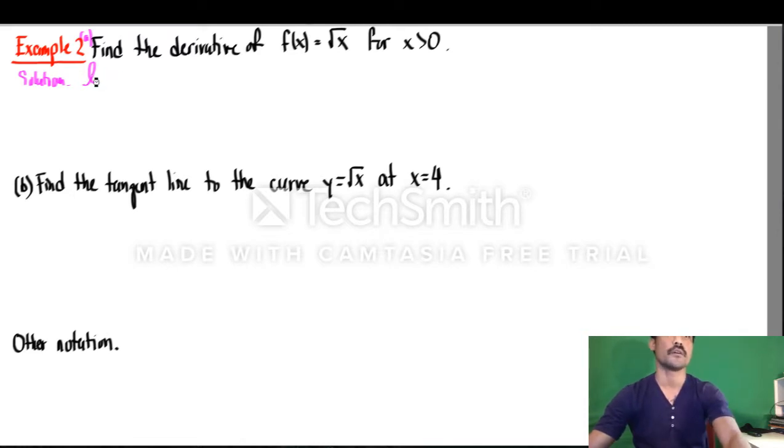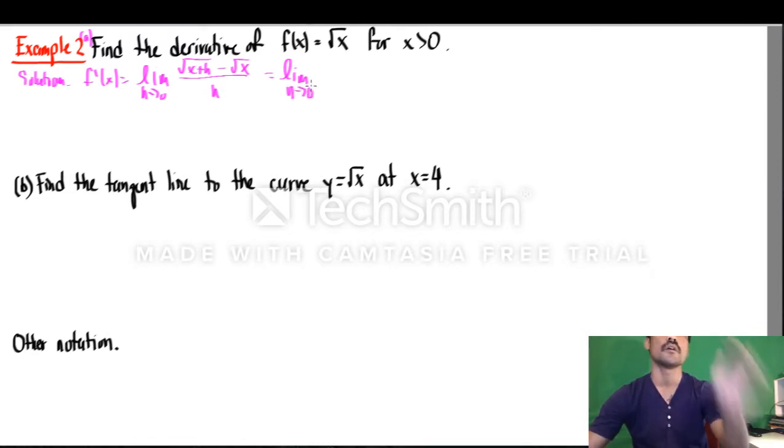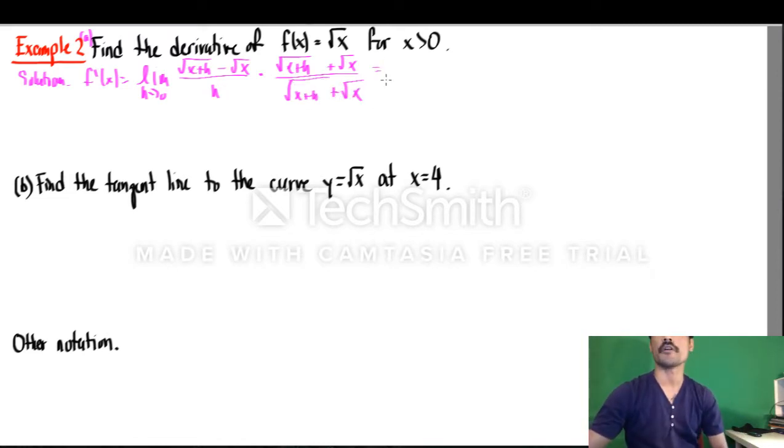Well, let me say the derivative is the limit of the difference quotient of root x plus h minus root x, all over h, as h goes to 0. Maybe let me backtrack. You have to multiply by the conjugate of the numerator, in the numerator and the denominator.